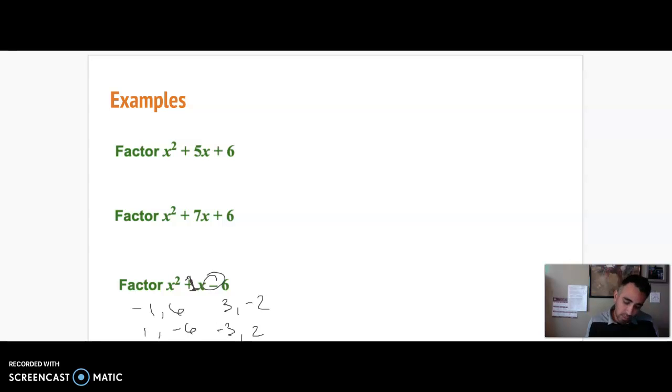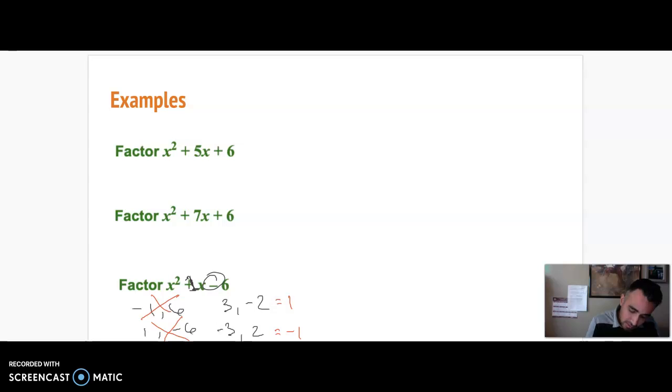So which of these would give us a positive 1? Well, 6 minus 1 is 5. Negative 6, or 1 minus 6 is a negative 5. So these aren't going to help us. 3 minus 2 equals 1. Negative 3, or 2 minus 3 equals negative 1.